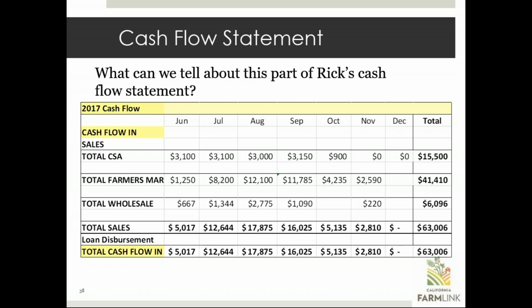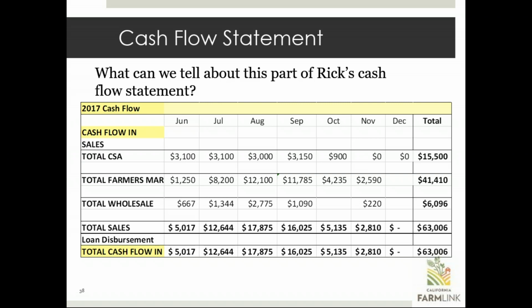So, what can we see on this part of Rick's cash flow statement? You can see that he's generating revenue from CSA, that CSA revenue is spread out fairly evenly across the month. So he probably isn't requiring members to pay all up front at the beginning of the season.